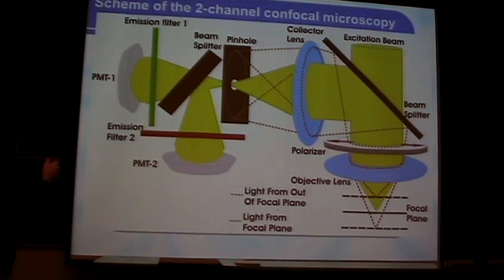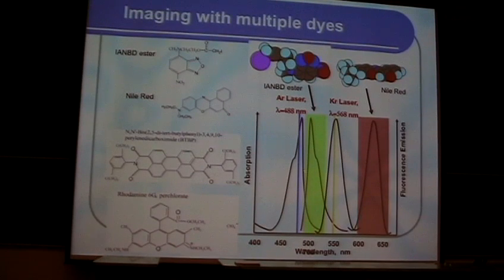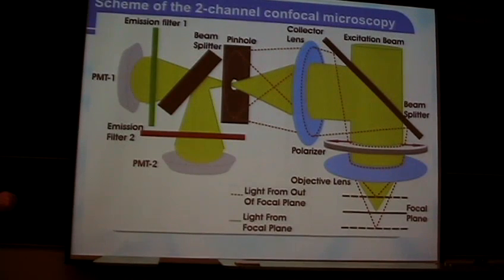However, because the fluorescence due to the two different dye molecules is within different spectral ranges, as you can see here, that means we will be able to use another beam splitter and separate the fluorescent signal coming from the two different dyes.